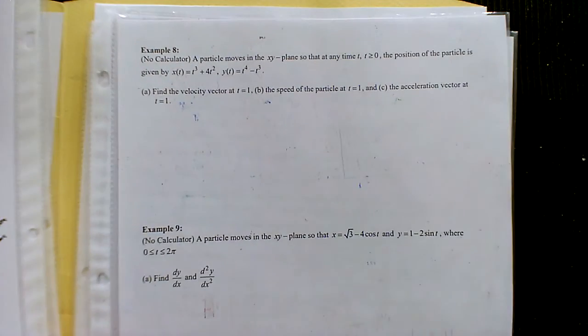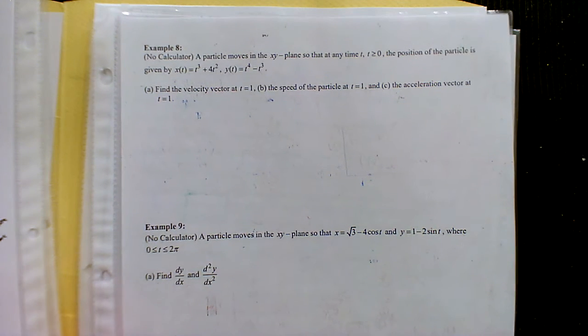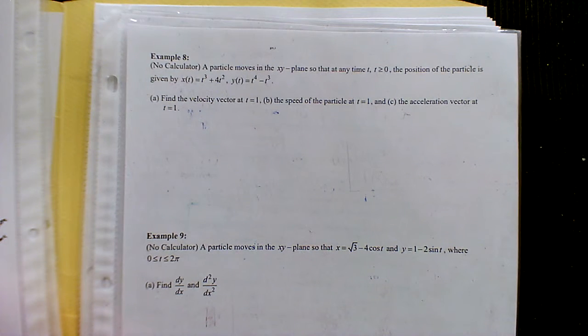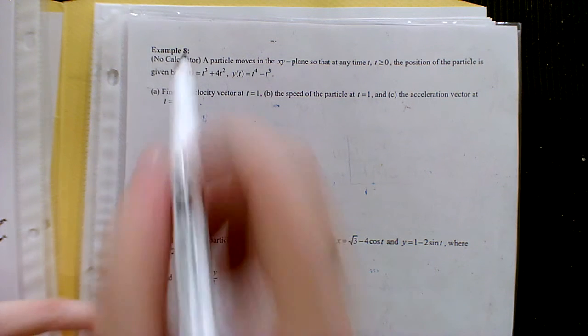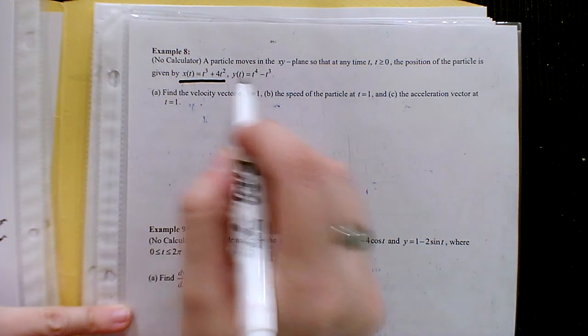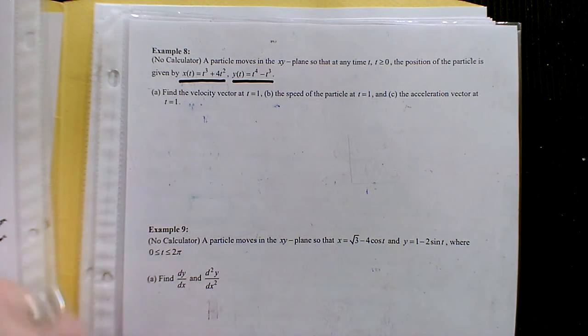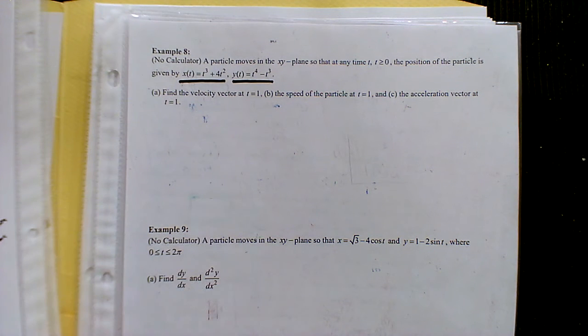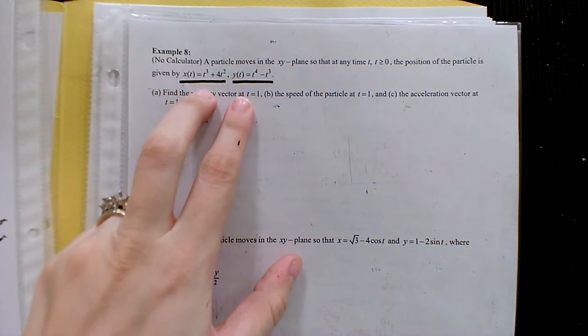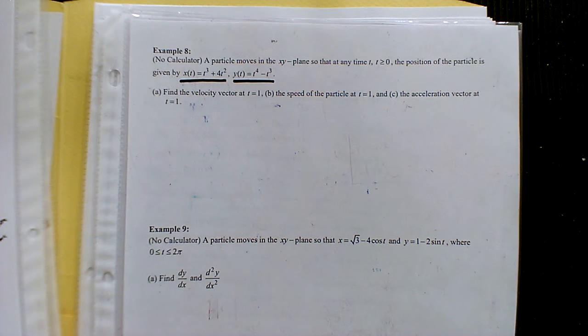Okay, so let's go ahead and try example 8. A particle moves in the xy plane. The position of the particle is given by this parametric set. So the difference between this information and Calc 1 information is that we would have been given a position equation in Calc 1, but now we're given a parametric set in Calc 2.